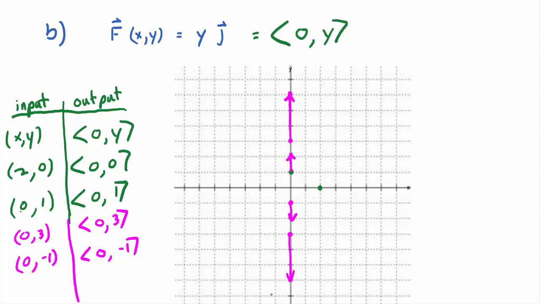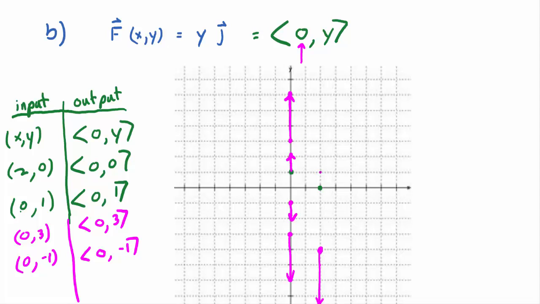Like that? Does that make sense? I think you got the idea, but what if I made the input 0, -4? Then the x coordinate's always 0. What's the y coordinate? If the input y is -4, it's -4. So go 1, 2, 3, 4 down there, like that.